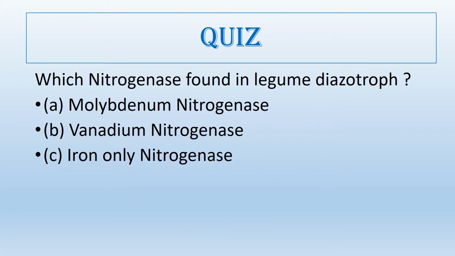Before starting the video on heterocyst, there is a quiz. Which nitrogenase is found in legume diazotroph? Now there are options, and nitrogenase is the enzyme responsible for nitrogen fixation.